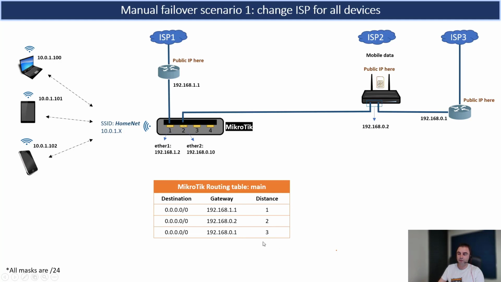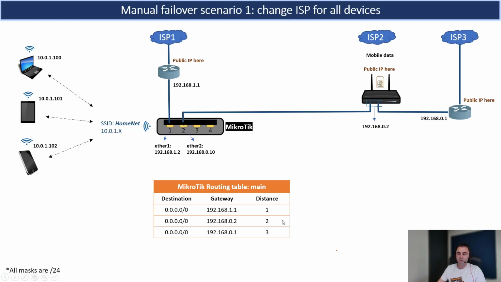And the important thing here is the administrative distance. This is called administrative distance, and it specifies how preferable the route is. The lower the number, the more preferable the route is. In this case, the route with number 1 is going to be the only one which is used.